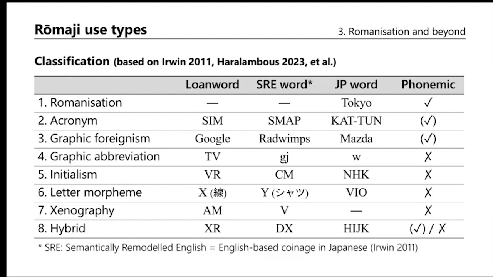Okay, and a question by Christian Boden. What about the use of European diacritics in the romanization of Japanese? European diacritics. Yes. Yeah, that's interesting. Okay, I don't have an example here, but in Japanese, we use either the macron or the circumflex to indicate long vowels, but this is not compulsory.